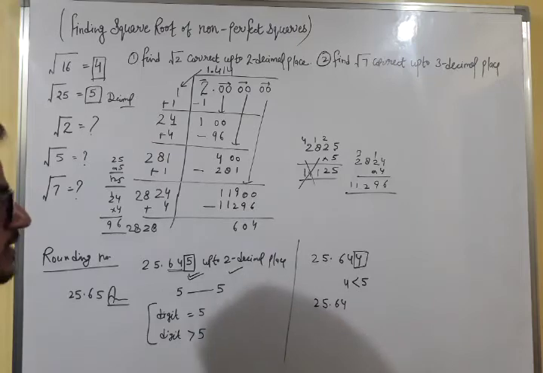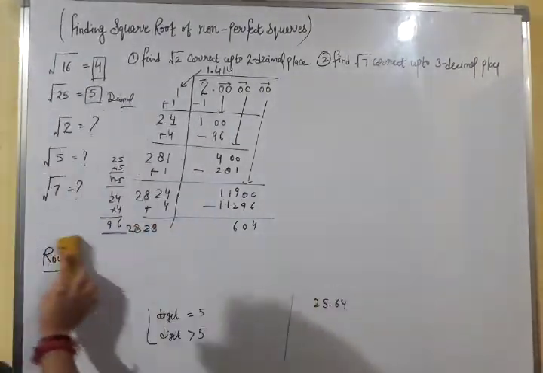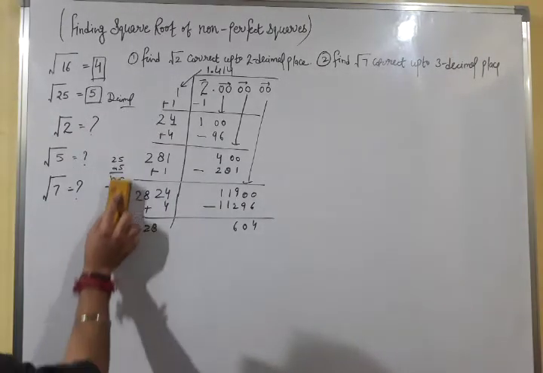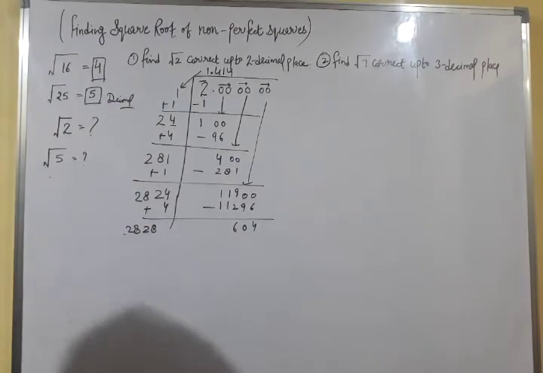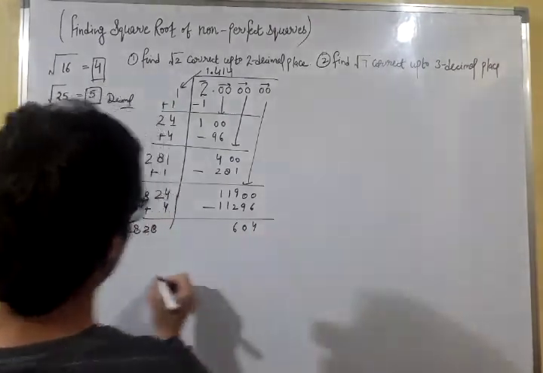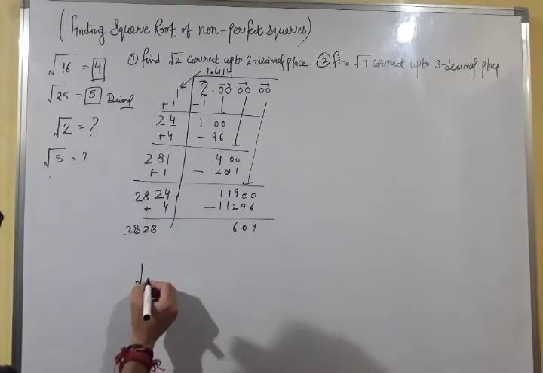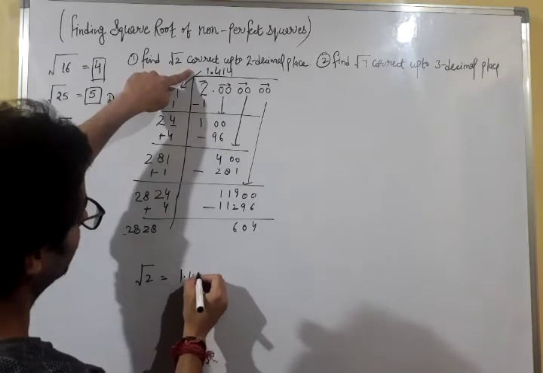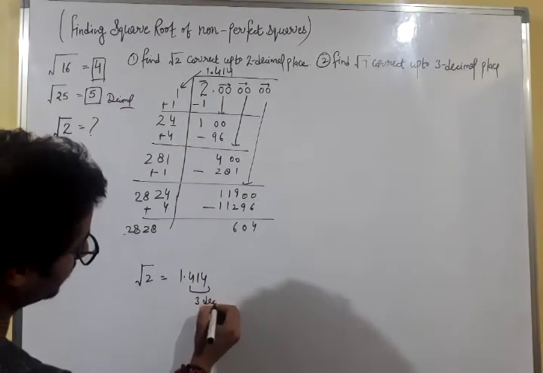Our quotient is, now I am rubbing all the calculations here. Now we will apply the rule of rounding numbers. Therefore, the square root of 2 is equal to 1.414. It is up to 3 decimal places.